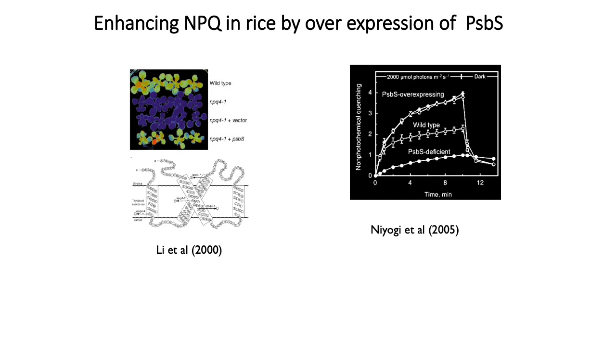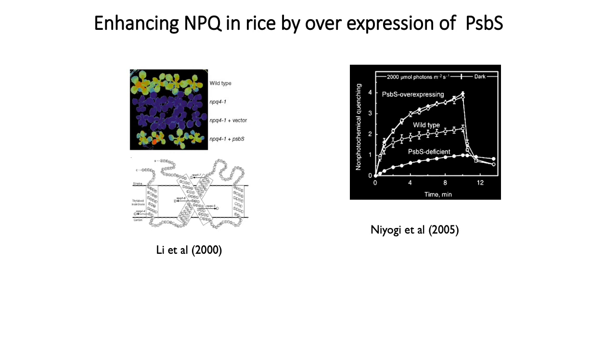I would like to first talk about manipulation of NPQ in rice leaves by overexpression of the gene PSBS. And we did this at first at the leaf level, and then we moved to the canopy level using 3D reconstruction. PSBS was discovered decades ago in Krishna Niyogi's lab to be a regulator of NPQ.